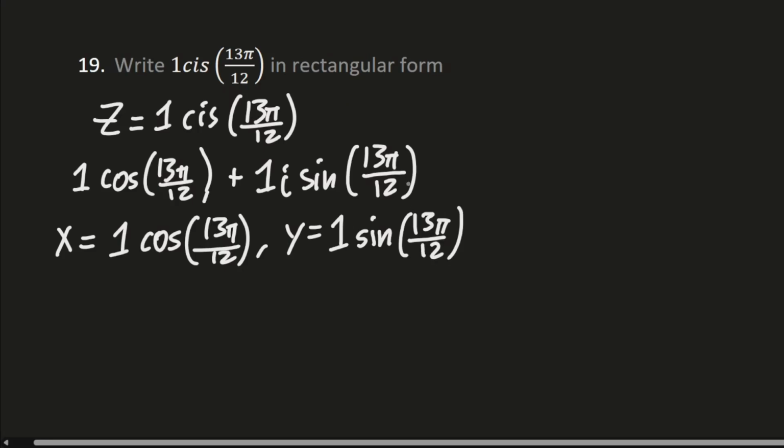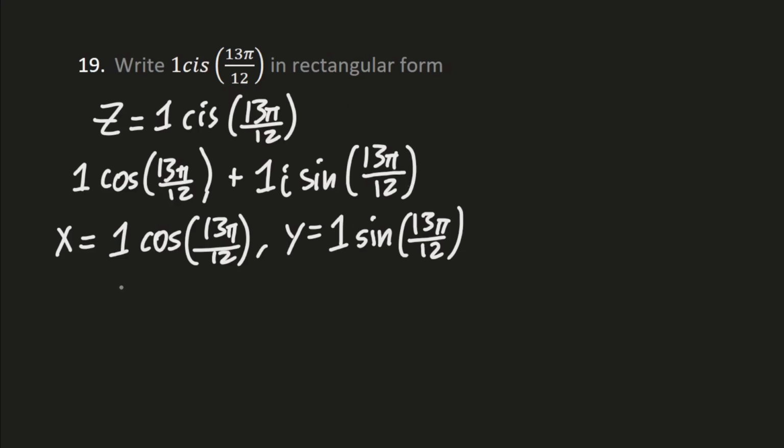So to calculate cosine of 13 pi over 12 and sine of 13 pi over 12, we have to split the angle into 2 parts, and that would mean that we could do pi over 4 and 5 pi over 6. When we add that up, that would be equal to 13 pi over 12.